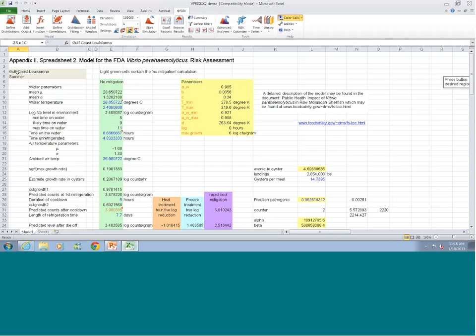Notice in the upper left, the indication here is that the data we're looking at are from the Gulf Coast of Louisiana. That's the southeastern part of the United States, and the data are from the summer. This risk assessment looked at many regions of the country and all 4 seasons. So we're going to be looking at just one small piece of this.